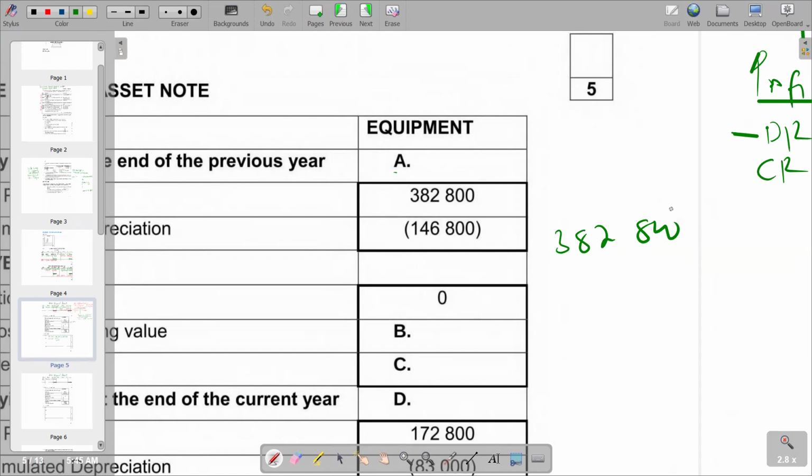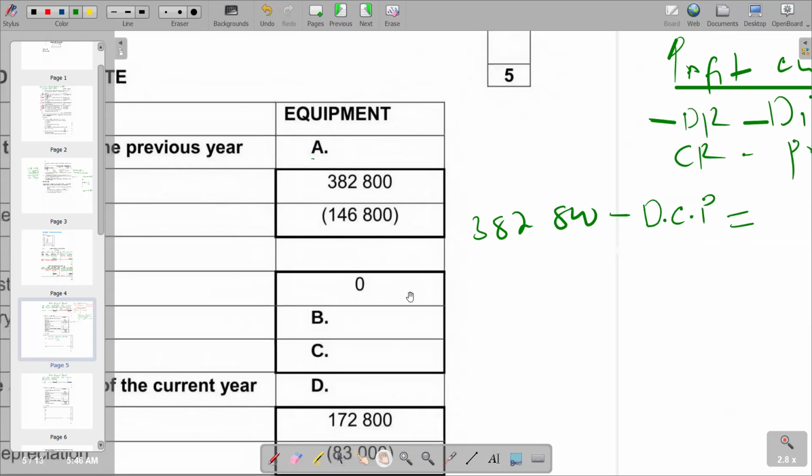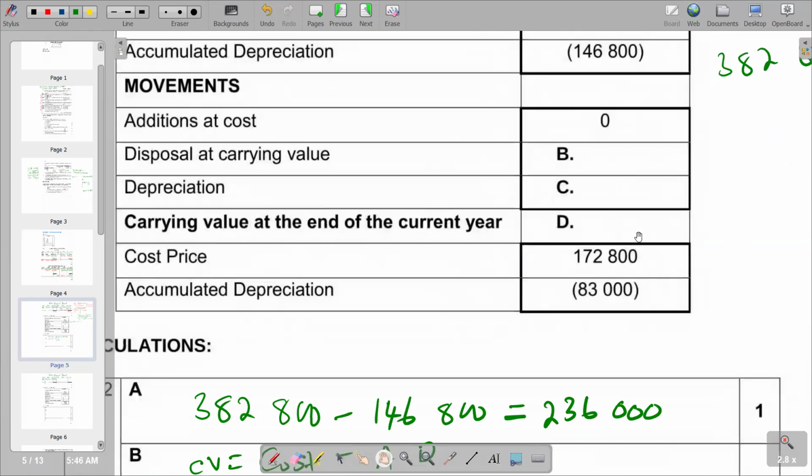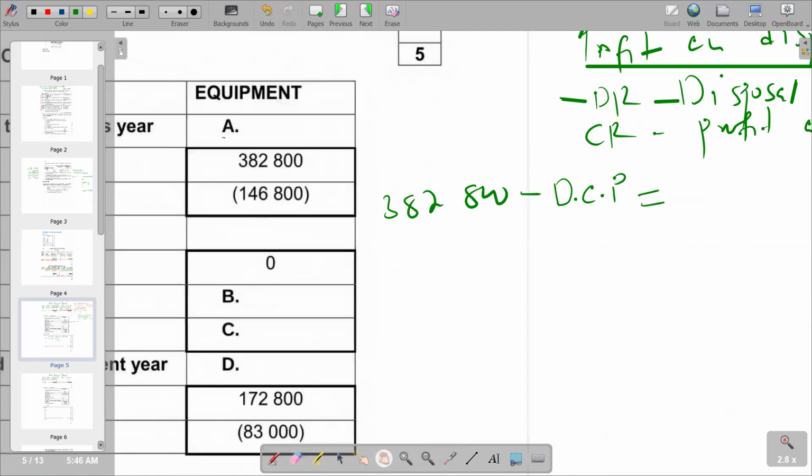We have zero additions, but if you subtract the cost of the disposed asset, you get the cost at the end, which is this one, 172,800.